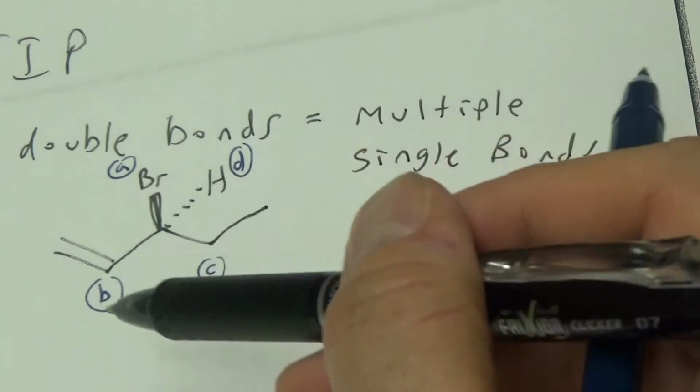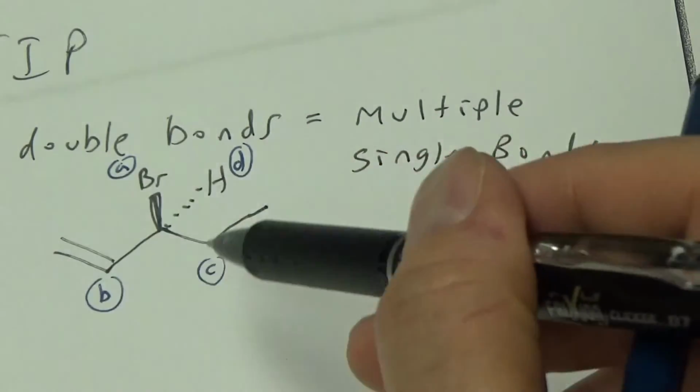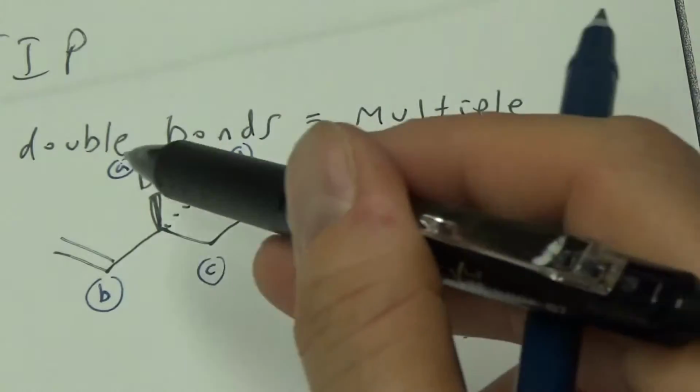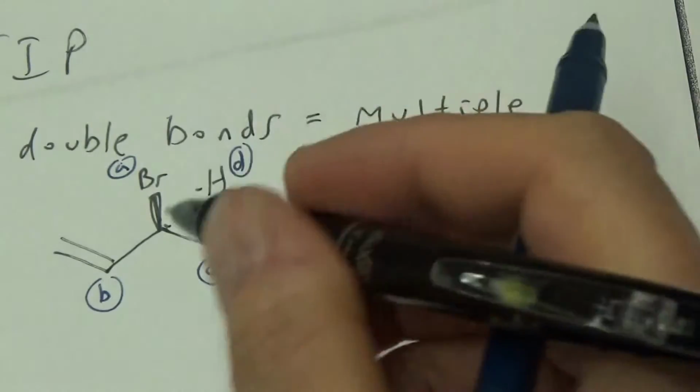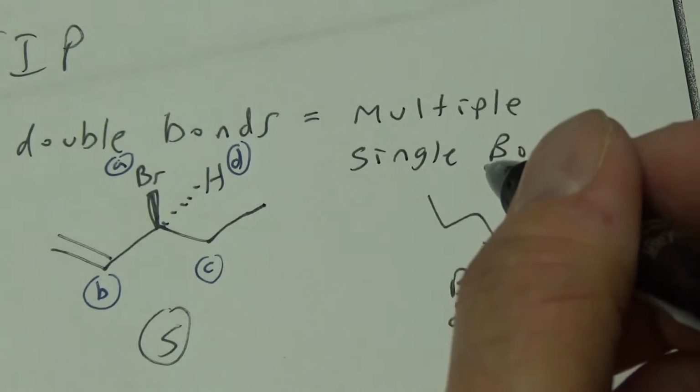Okay, so is this R or S? It looks like the D is going away. It's really easy. It's A, B, C, A, B, C. Looks like it's counterclockwise, so it's S. Okay. Oh wait, did I screw up?